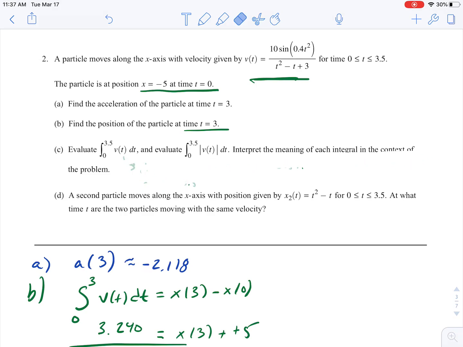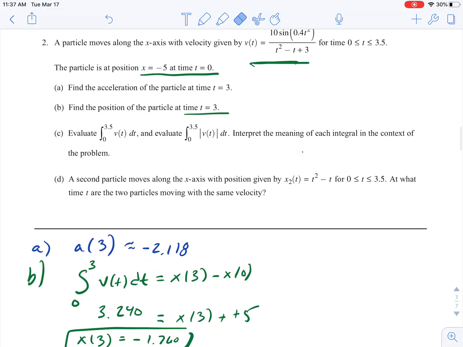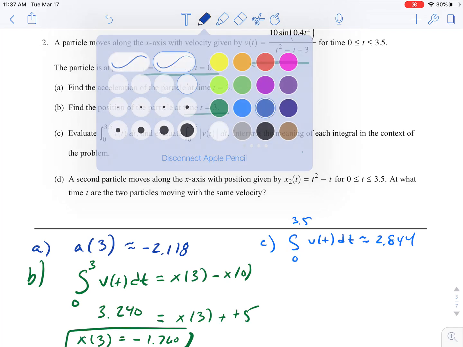On the actual exam, if you get a question like that, make sure you write nice complete sentences about it, okay? But that's that, and now really not too bad here because, again, it's calculator. All we got to do is punch both of these in carefully using Math 9. And let's see, doing the first one, we get about 2.844.